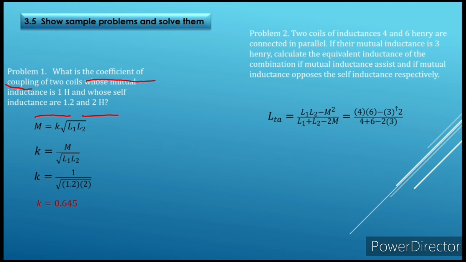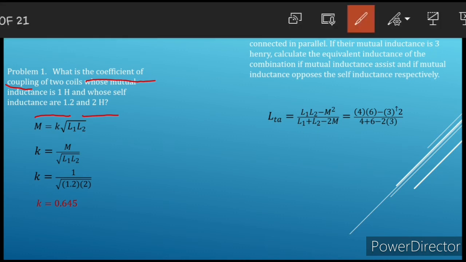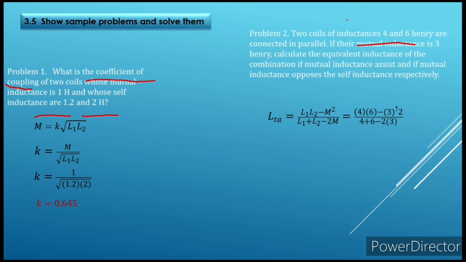LTA is equal to L1 times L2 minus M squared over L1 plus L2 minus 2M. The two coils have inductances of 4 and 6 Henry, and their mutual inductance is 3 Henry. Substituting the values to our formula, we get 4 times 6 minus 3 squared over 4 plus 6 minus 2 times 3.